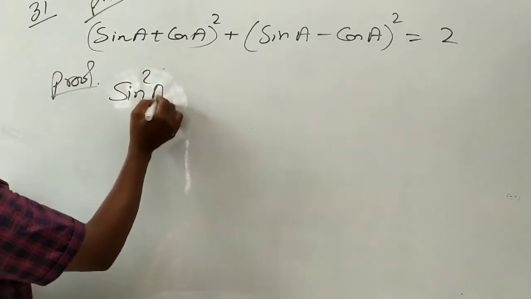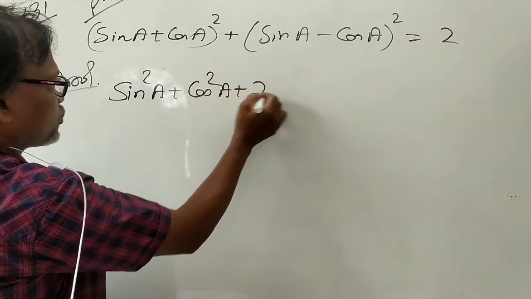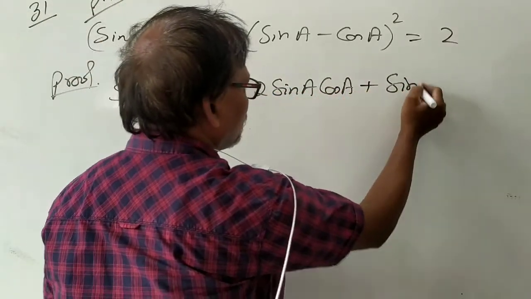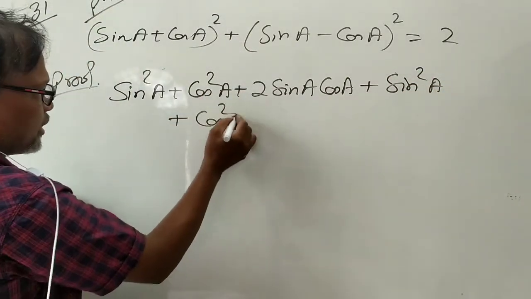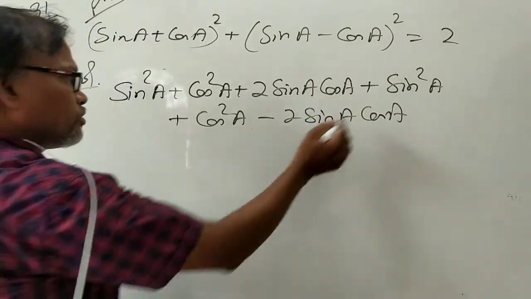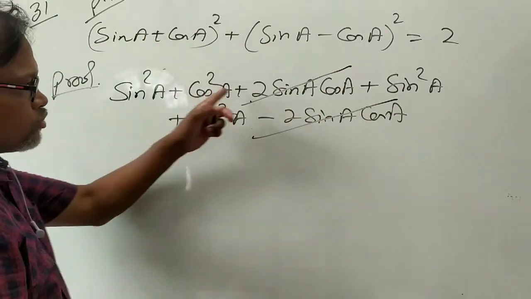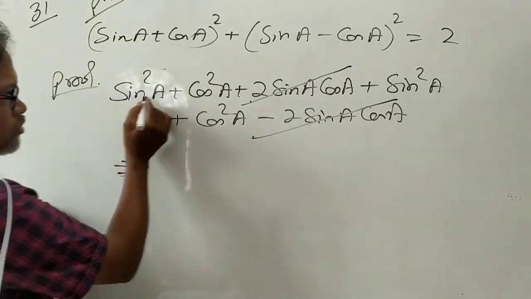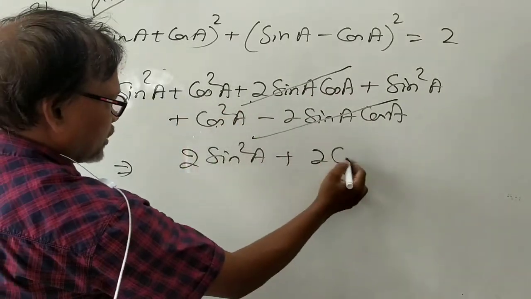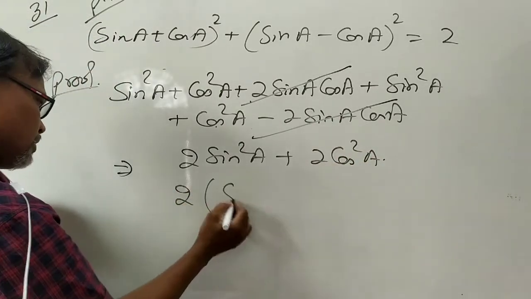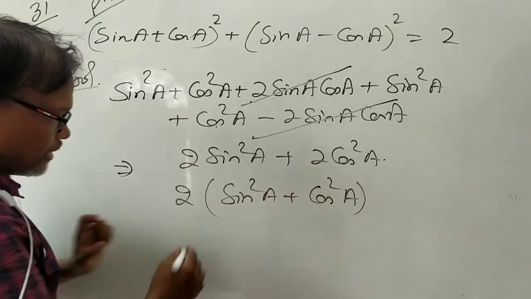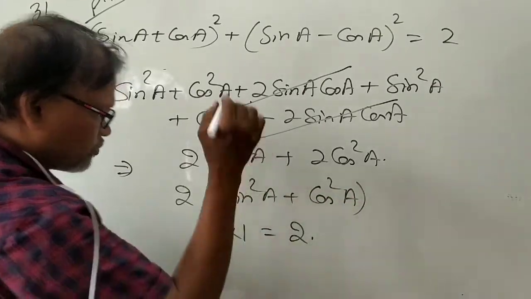So it is sin square A plus cos square A plus 2 sin A cos A, that is 2ab, plus sin square A plus cos square A minus 2 sin A cos A. If you don't write this part, you will get 0. Now this will cancel, plus 2 sin A minus 2 sin A, and sin square A plus sin square A, that is 2 sin square A. Again cos square A plus cos square A, 2 cos square A. Then 2 is common, sin square A plus cos square A. Again this is the identity, and then you can say it is equal to 2.